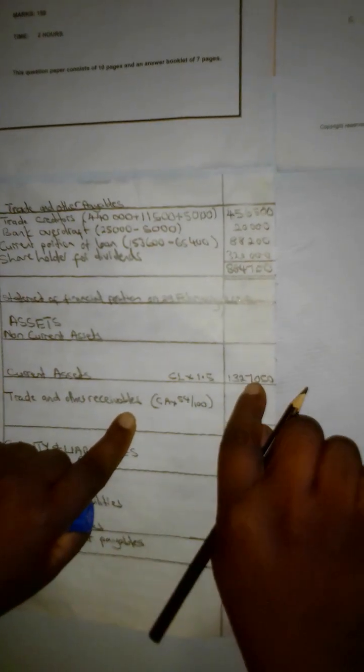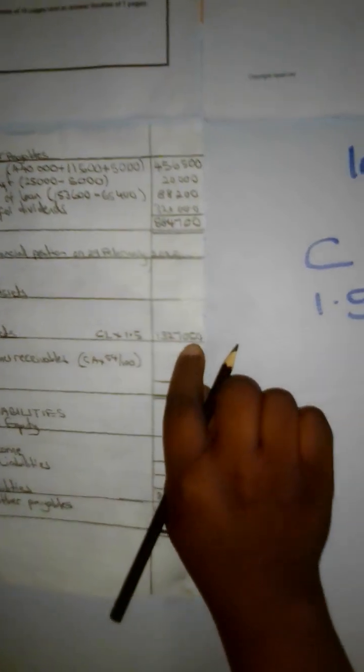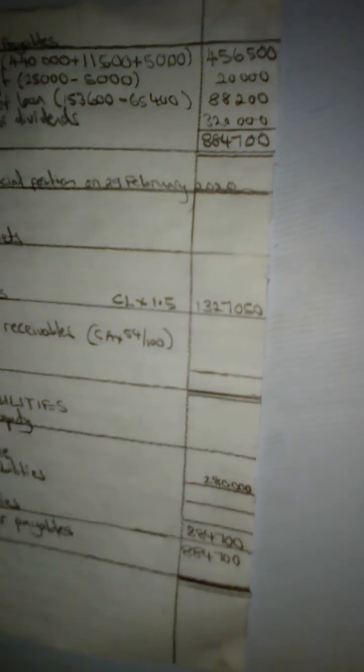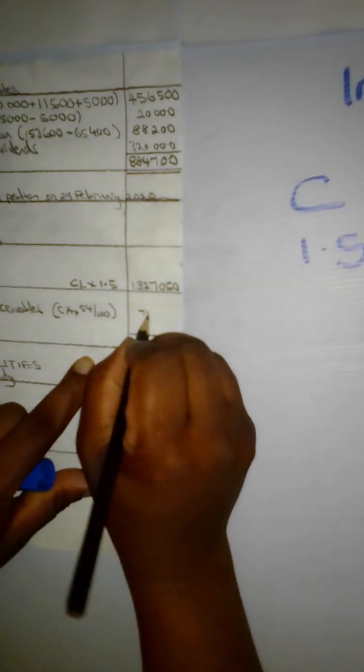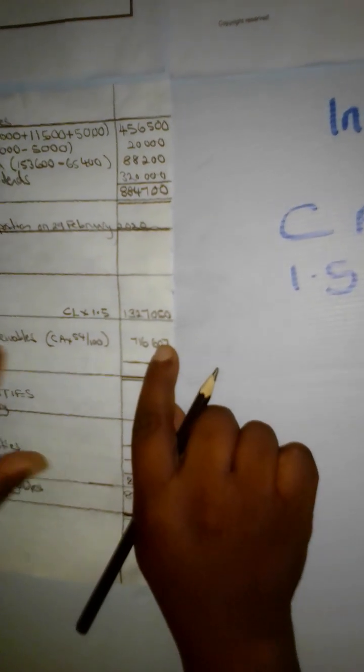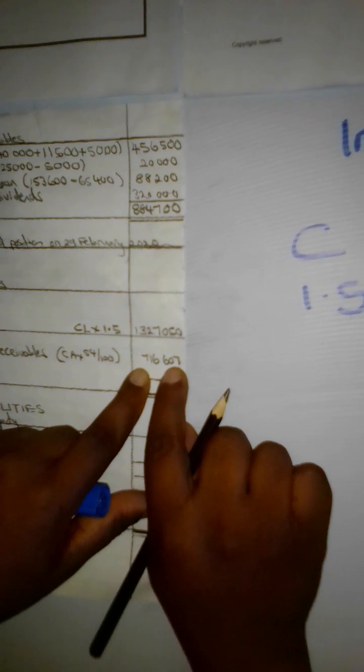So my current assets are 1,327,050 times 54%. Let me find out on my calculator how much I'm going to get. I'm going to get something like 716,607. 716,607 are my trade and other receivables.